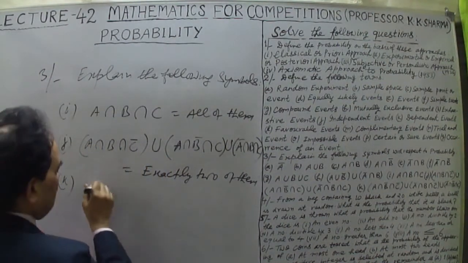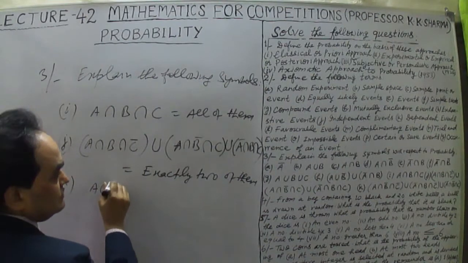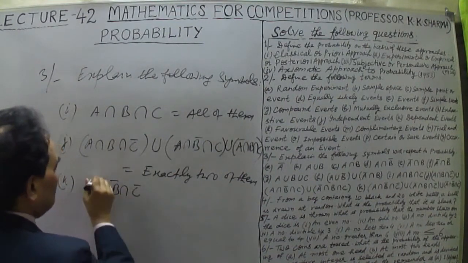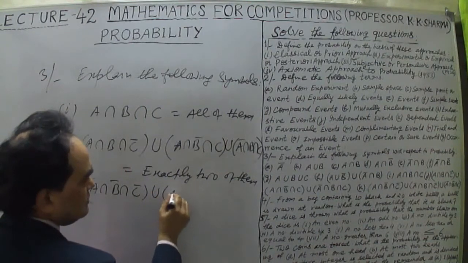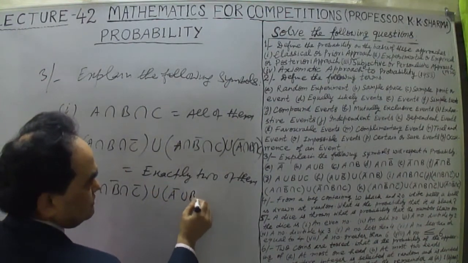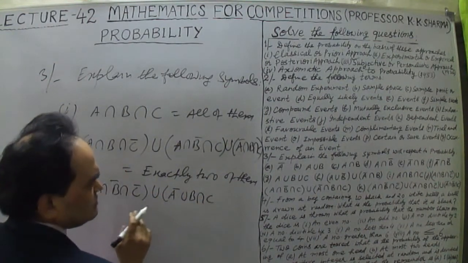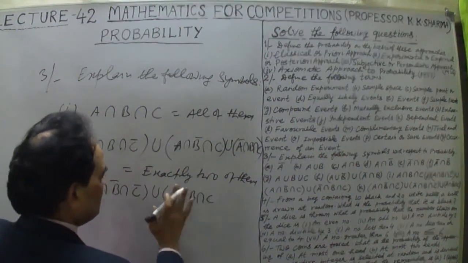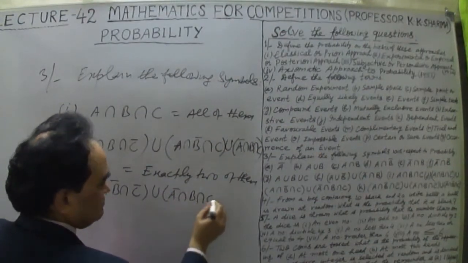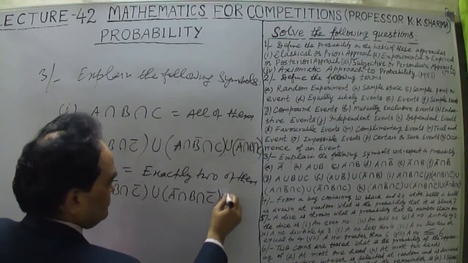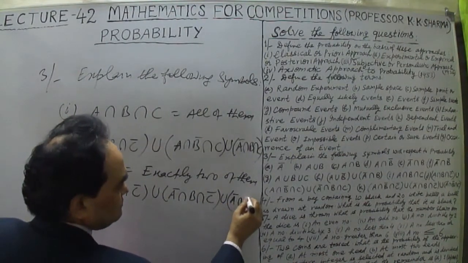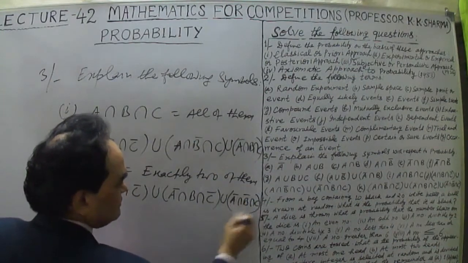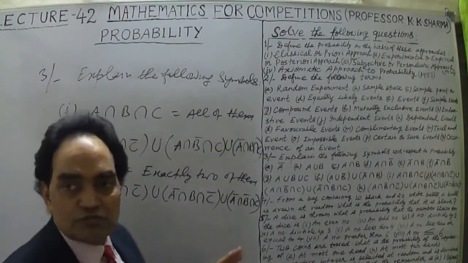K's part is A intersection B naught intersection C naught. So here exactly one of them. This is union A naught intersection B intersection C naught, union A naught intersection B naught intersection C. Now here exactly one of them.